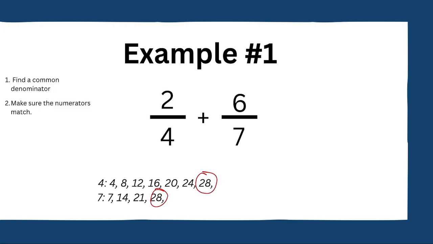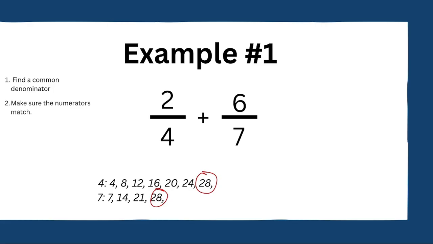Now, my second step is to make sure that the numerators match. And to make sure they match, I am simply going to look at my list and see how many times it took me to get to that common multiple, the common denominator. So starting off with 2 over 4, the list I made for 4 shows that it took 7 times for me to get to 28. Now I'm going to do that at the top. I'm going to do 2 times 7, just like 4 times 7, to make this fraction match.